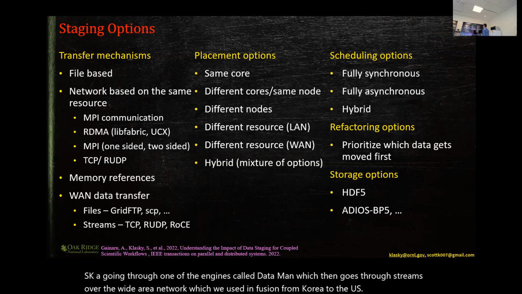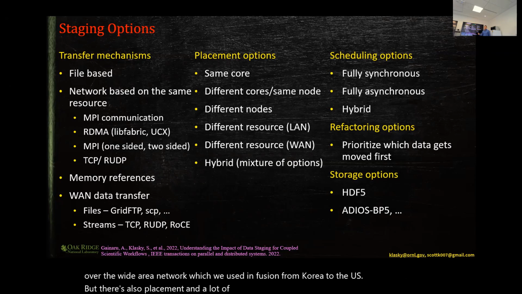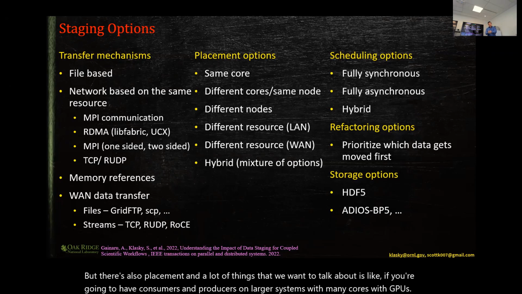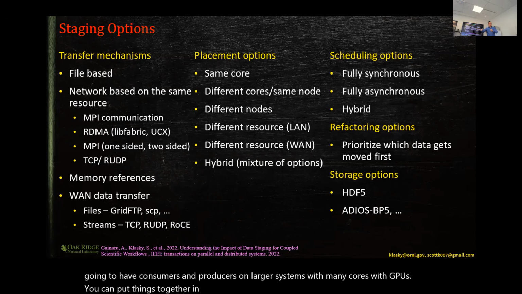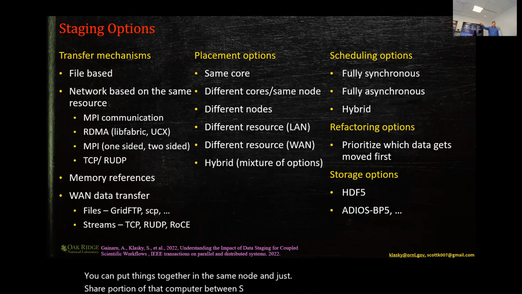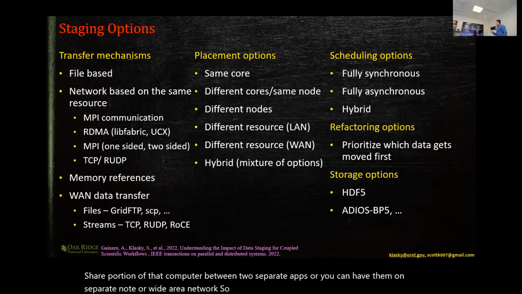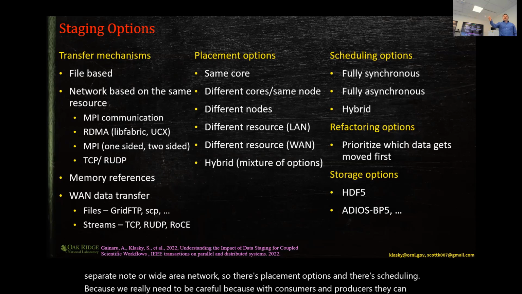But there's also placement. If you're going to have consumers and producers on larger systems with many cores, with GPUs, you can put them together in the same node and just share portions of that computer between two separate apps, or you can have them on separate nodes or a wide area network. So there are placement options and there's scheduling, because we really need to be careful, because consumers and producers can be doing their own communication.